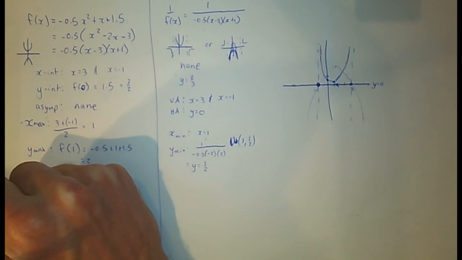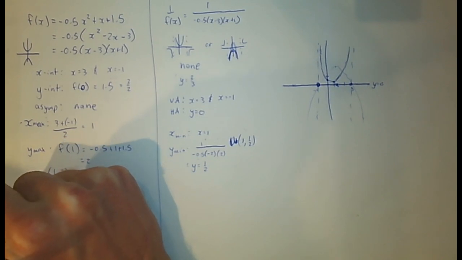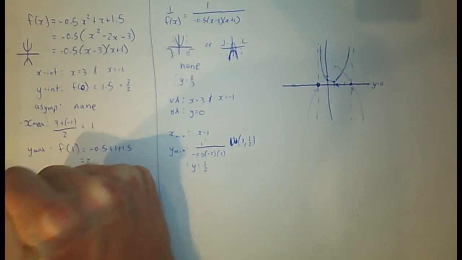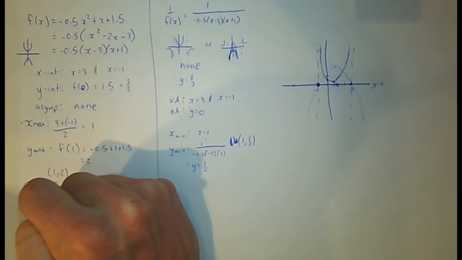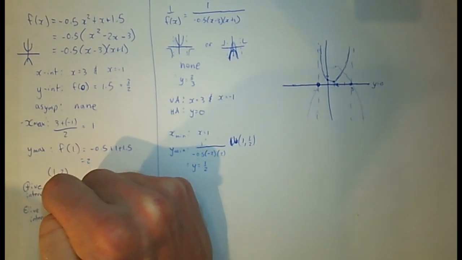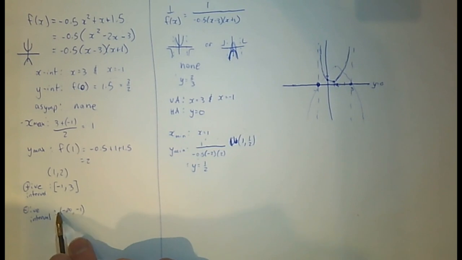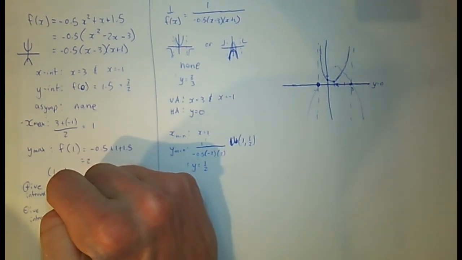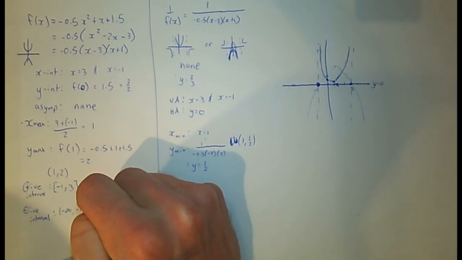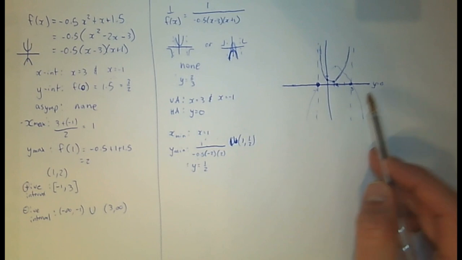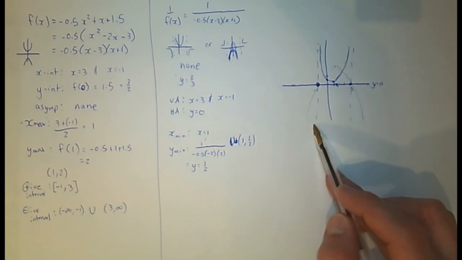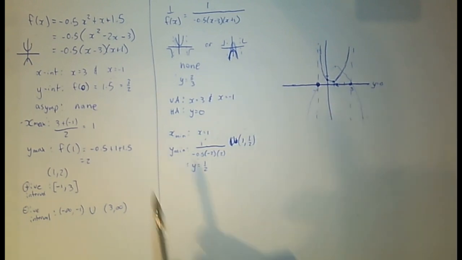The negative intervals are going to be outside those limits, so between negative infinity and negative 1, both not including the ends. Actually, it doesn't matter in this graph. That's fine. Union with positive 3 to positive infinity, right? So from here to the left and here to the right, this function is negative, the original function, the one that's light. For this guy, a little bit different.